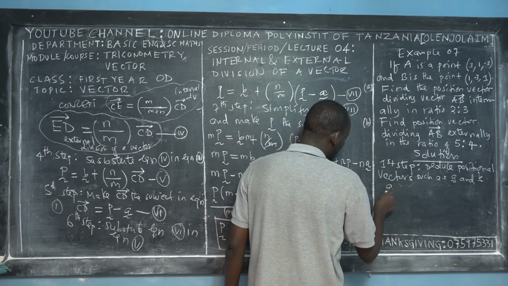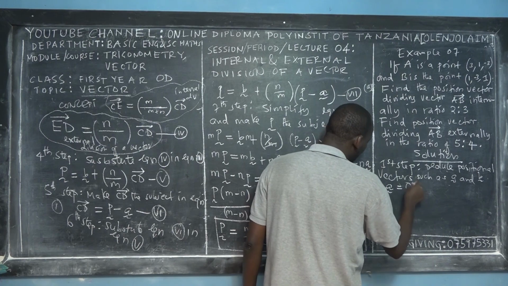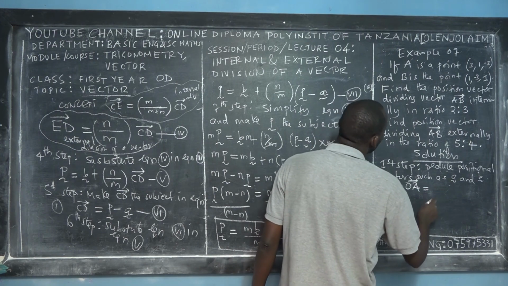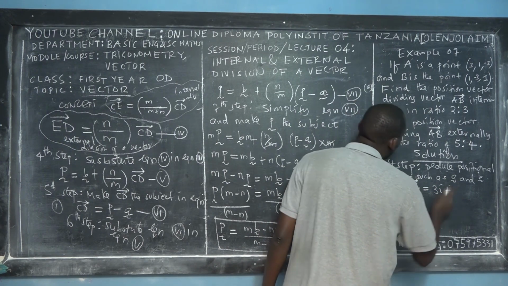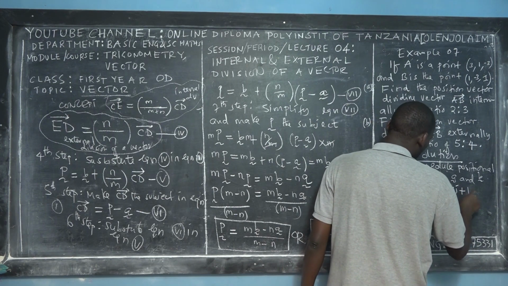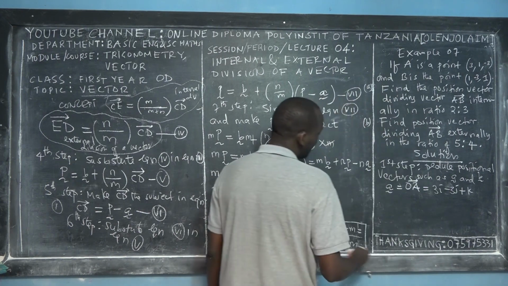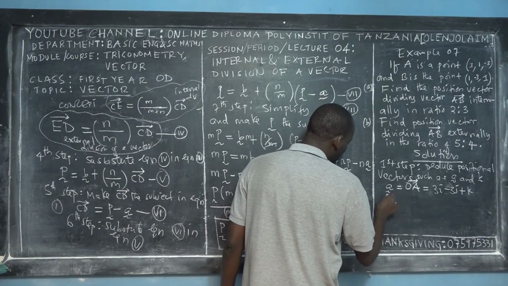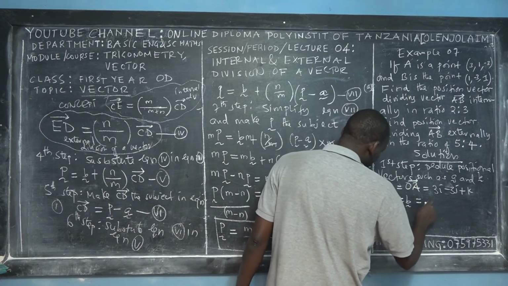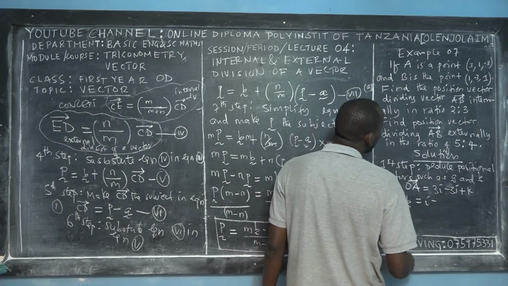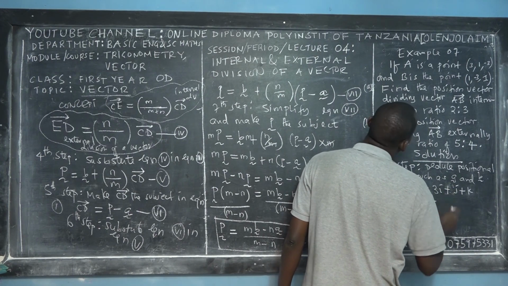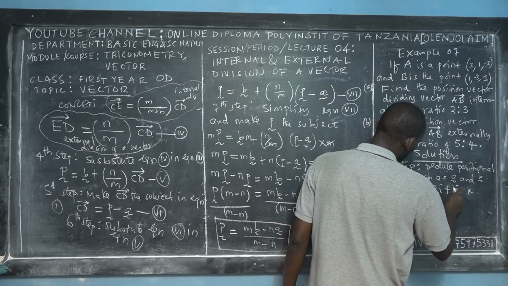So we say that vector A, which is equivalent to positional vector OA, in case you get confused, you can say the vector OA. This will be 3i plus j minus 2k, excuse me, I made a mistake.